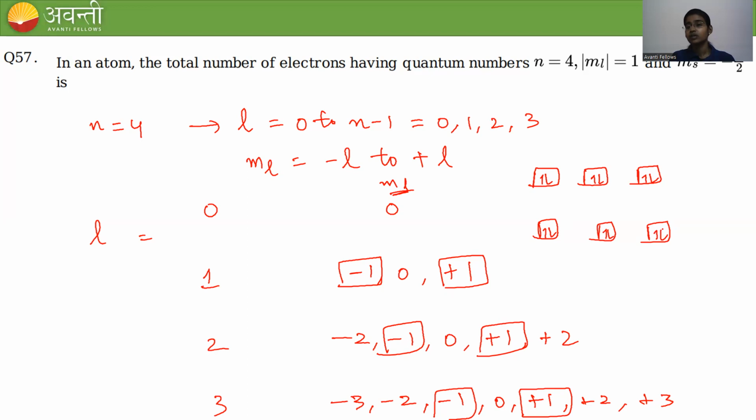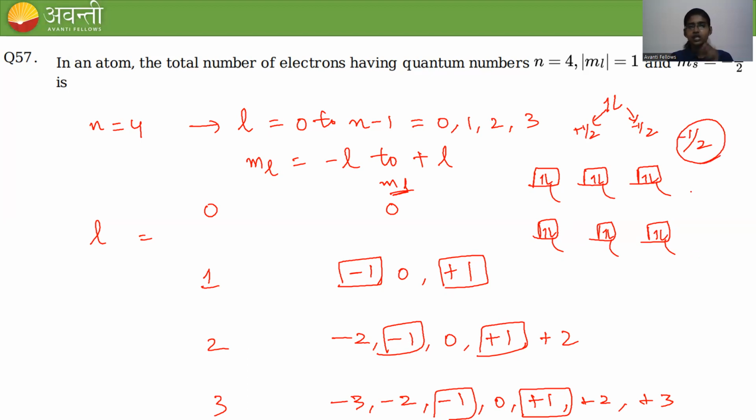But we have to take out the electron which has only minus half spin. In both electrons, one is plus half, the other one is minus half. So how many total electrons are having minus half spin?